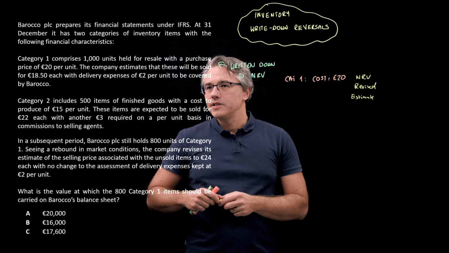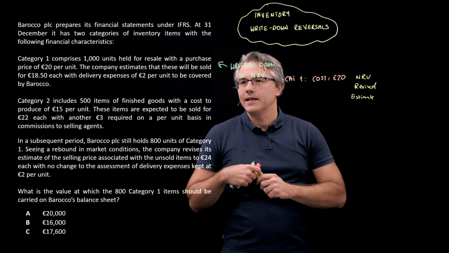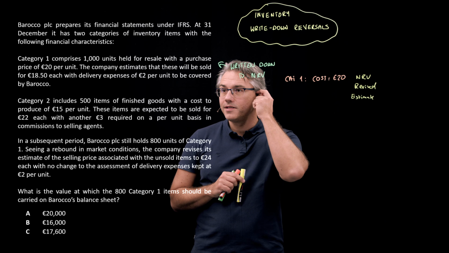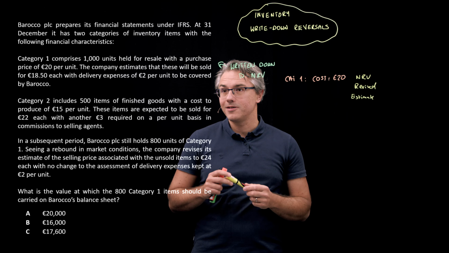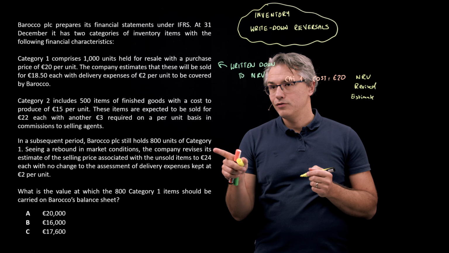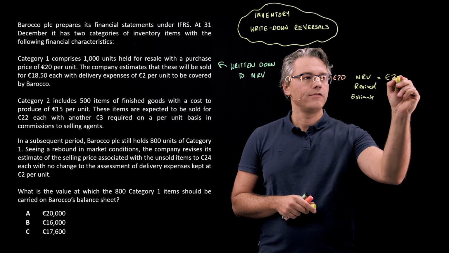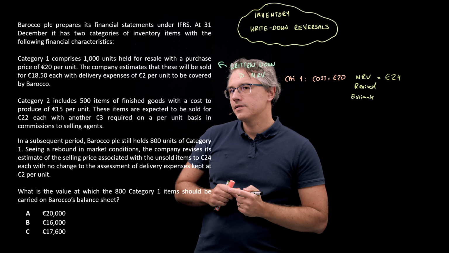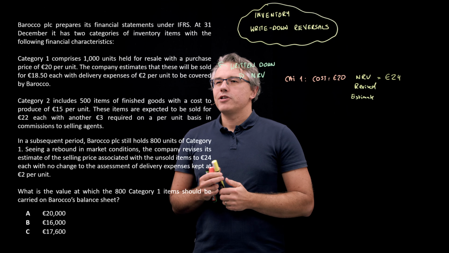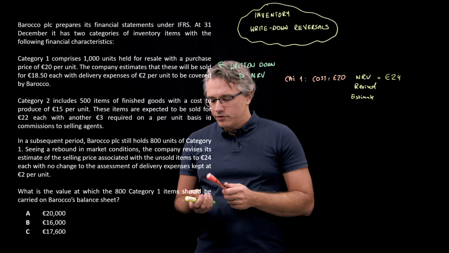Because of the rebound in market conditions, the company has revised its estimate of the selling price associated with the unsold items to €24 each. So 24, but there is an adjustment with no change to the assessment of delivery expenses kept at €2 per unit.